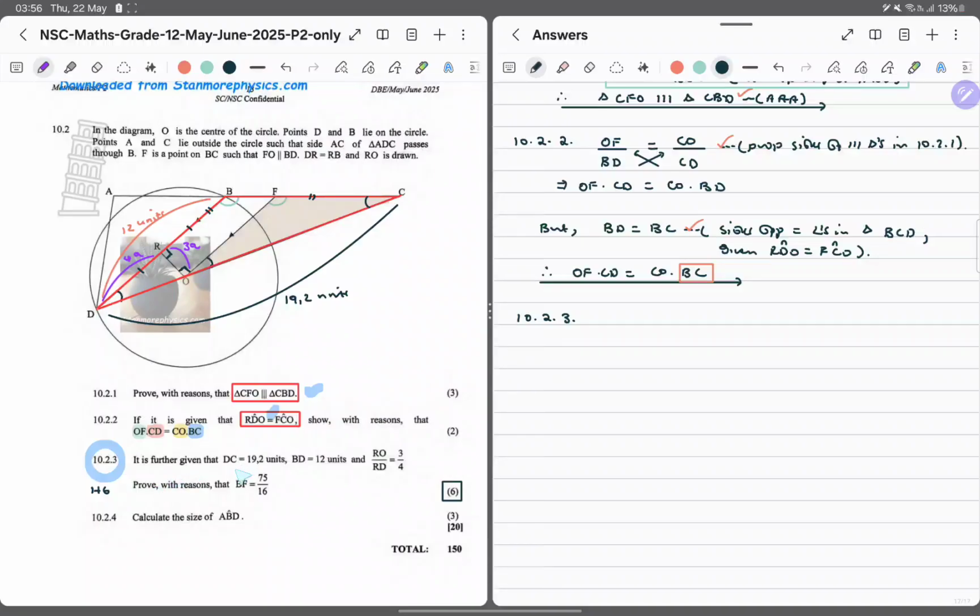Now we need to prove this statement, that BF is 75/16. Of course, where is BF? There is BF. BF is part of this triangle BCD or CBD, right?